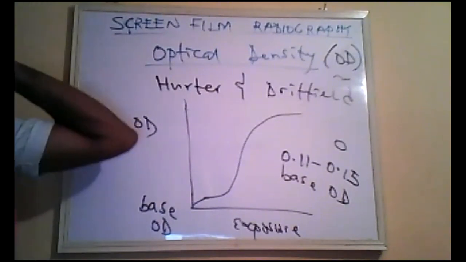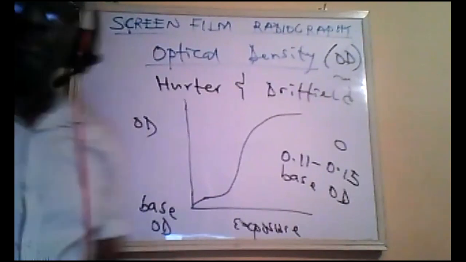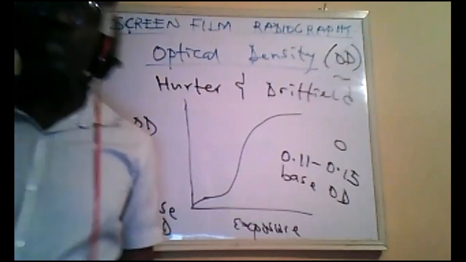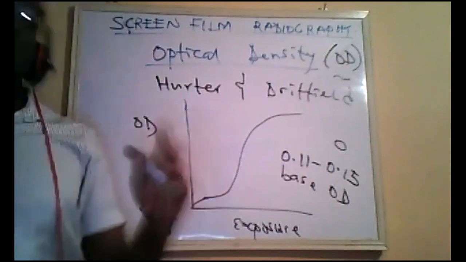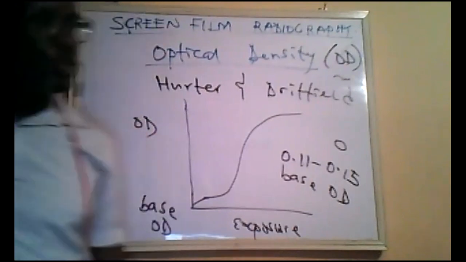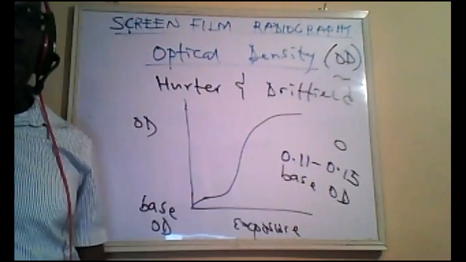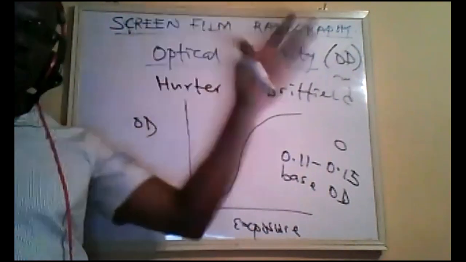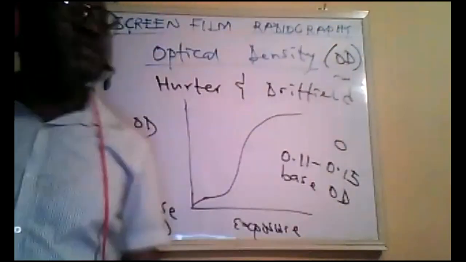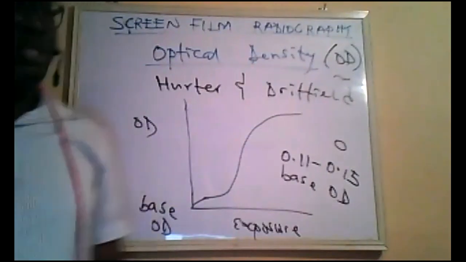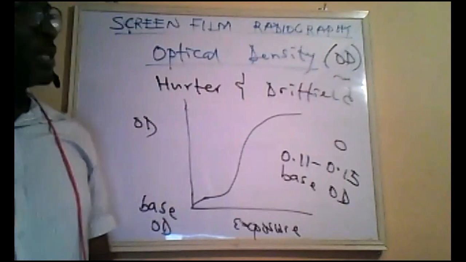And again, when you have stored a film for some time, that's why it is advisable not to store a film for so long a time before it is used. Because if you store it for so long, you might have some form of exposure coming to the film. That is why, if you want to build a dark room where some of these films are stored, it shouldn't be adjacent to the radiography room, that is the exposure room.